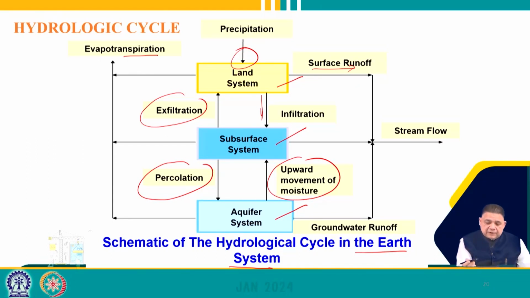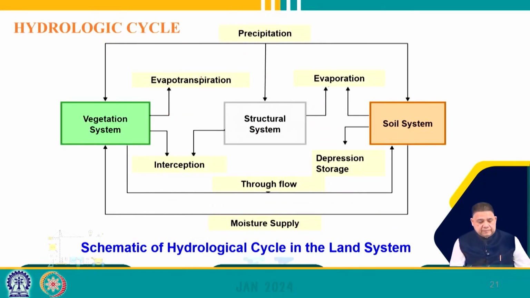Now, we can further zoom down into the land system and get three different systems: vegetation system, structural system, and soil system. Here again, precipitation occurs and falls on all three systems. From vegetation, evapotranspiration takes place and some interception occurs. The structural system also intercepts water.